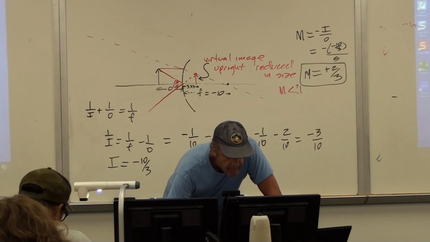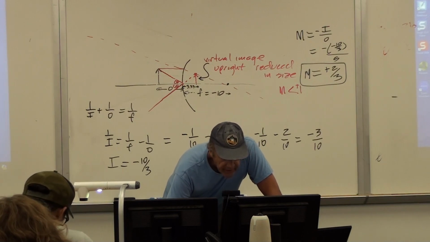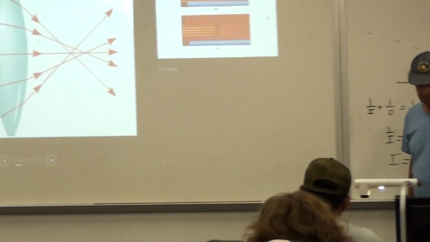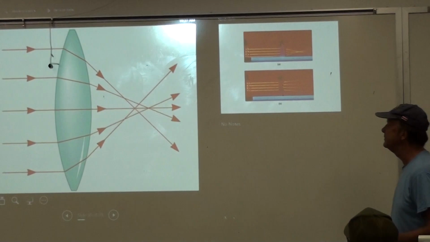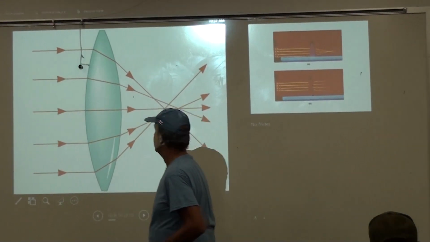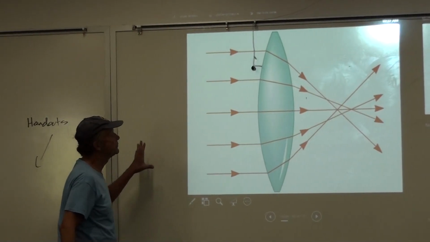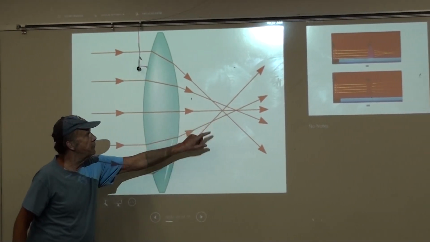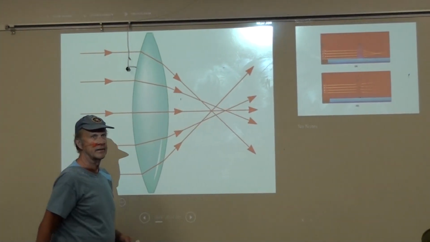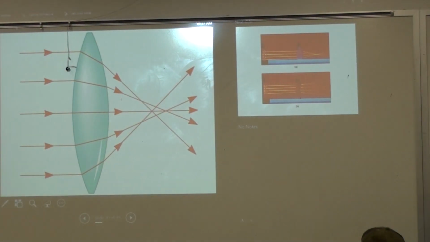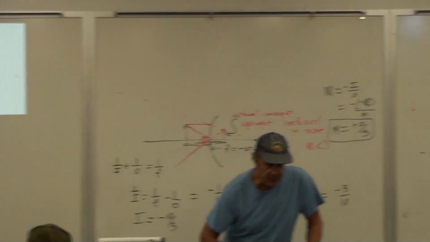If we have a lens, it's going to do much the same kind of thing that the mirror did, but it's going to bring light to a point of focus on the far side of the lens, whereas the mirror brought light to a point of focus on the near side of the mirror.